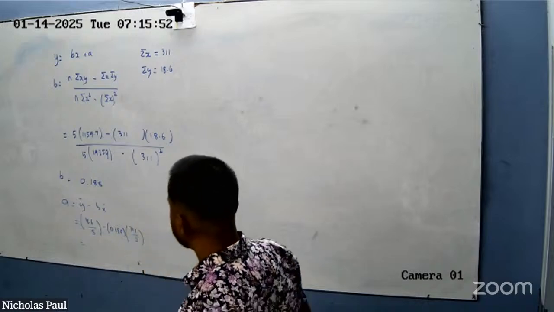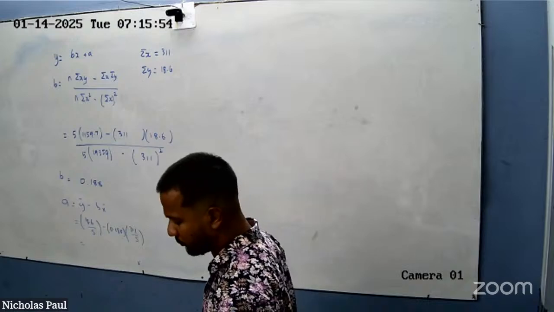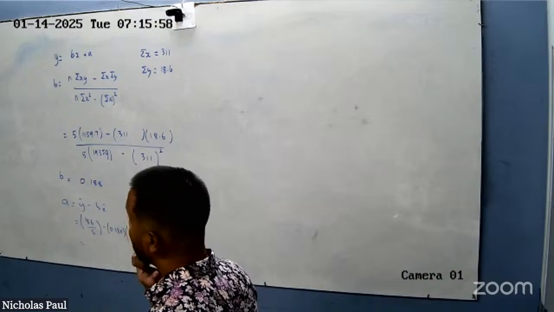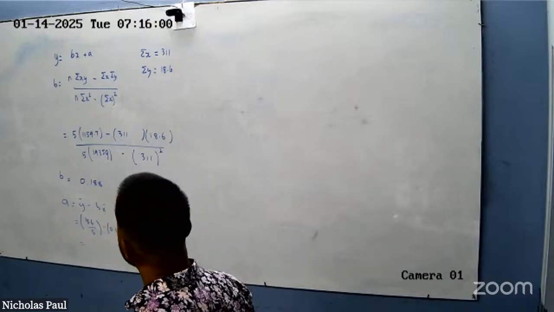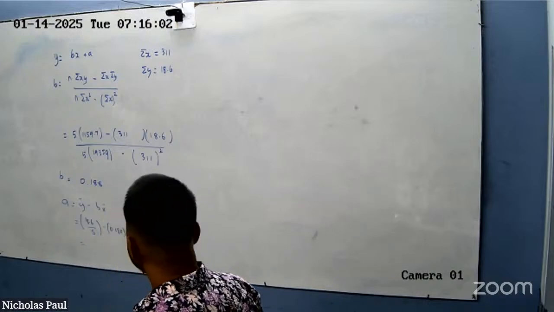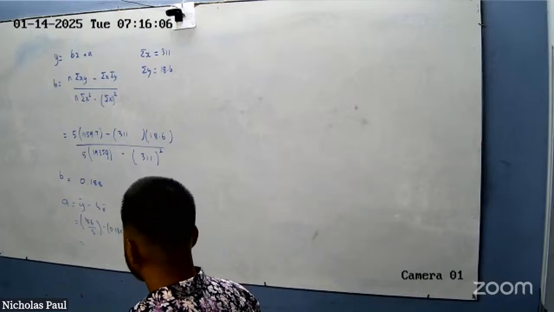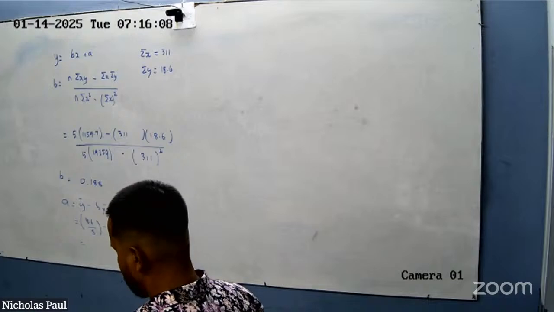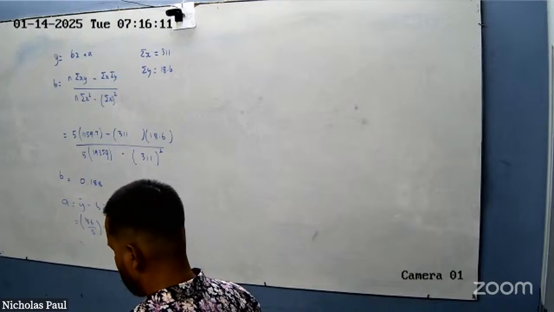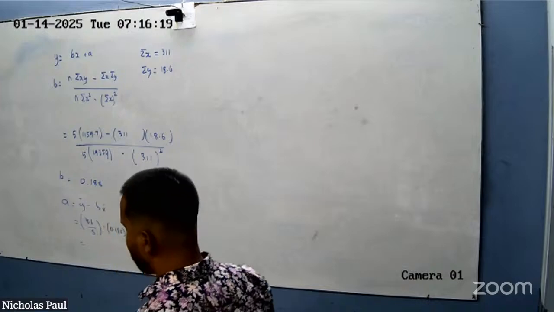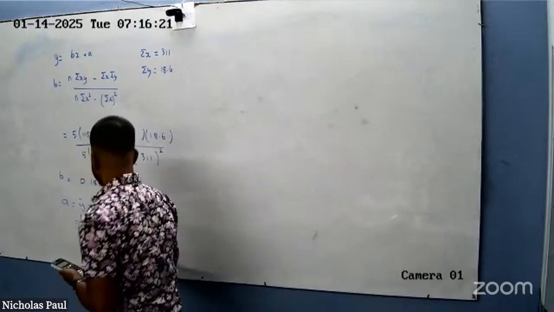I get minus. I get minus 7.97. What do you get? 18.65 divided by 5. I get negative 7.97.